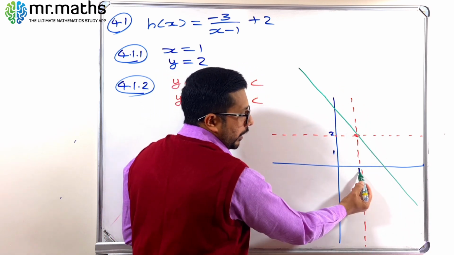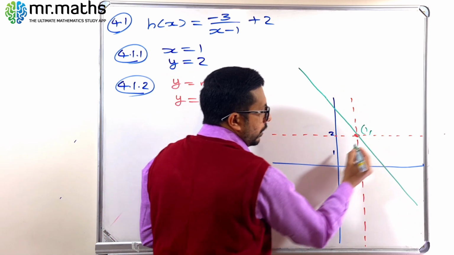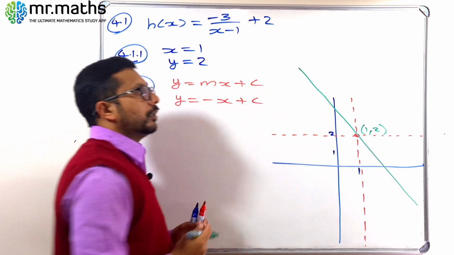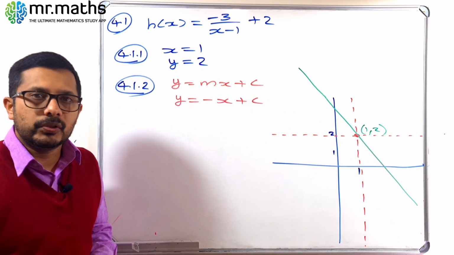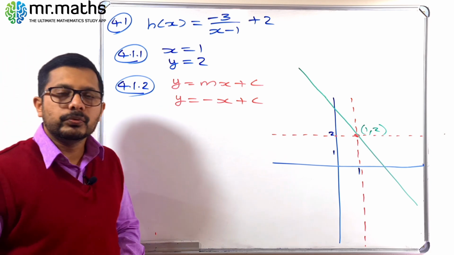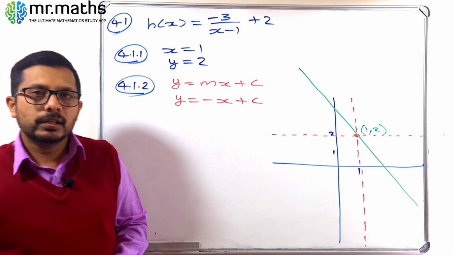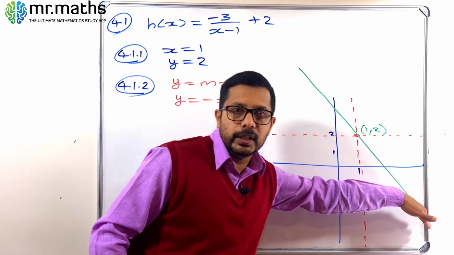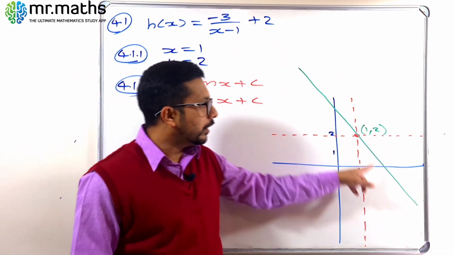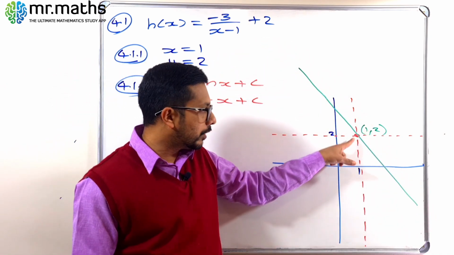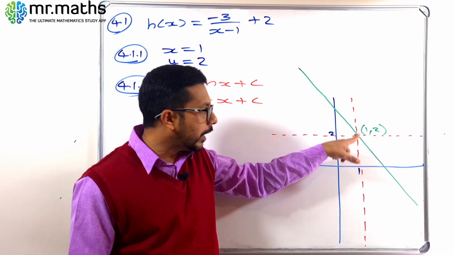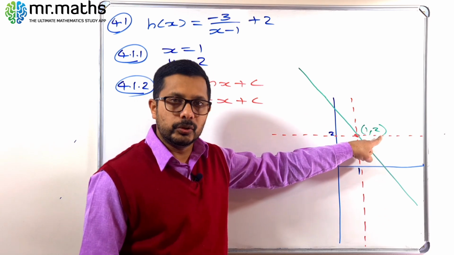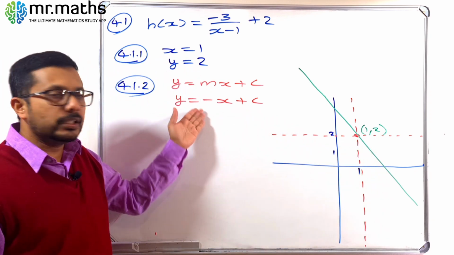The x value is 1 and the y value is 2. We are trying to find the equation of this axis of symmetry having negative gradient. Now we know that it will pass through the point (1, 2).